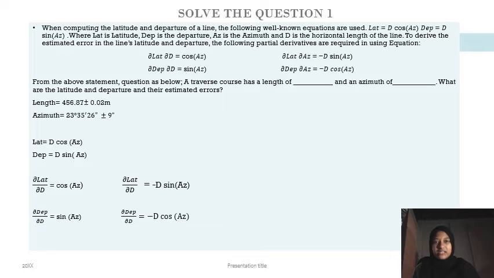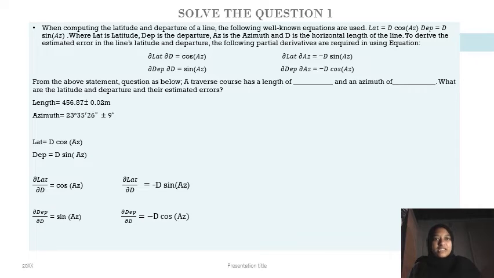Okay, then next, solve question 1. When computing the latitude and departure of a line, the following well-known equations are used. Latitude equals d cos azimuth, departure equals d sin azimuth, where lat is latitude, dep is departure, az is the azimuth, and d is the horizontal length of the line.